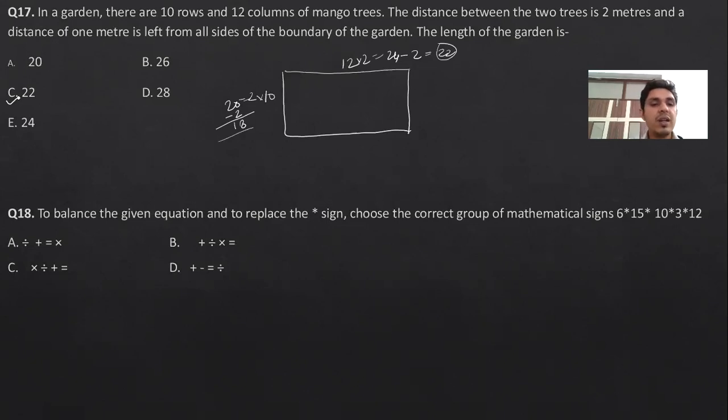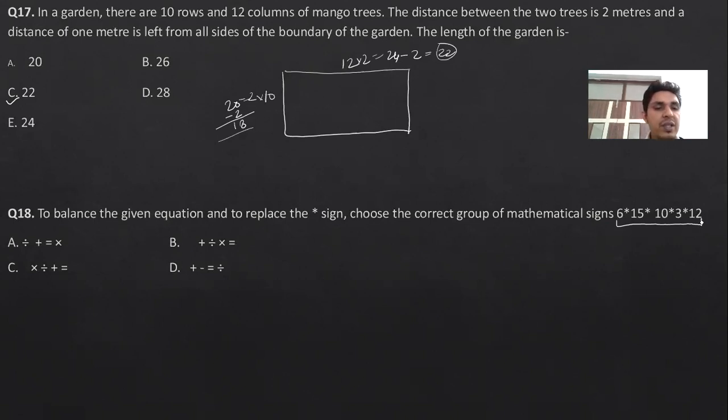The next question that we have is to balance the given equation and to replace the asterisk sign, choose the correct group of mathematical signs, right? Okay, so we are given this equation and we just have to put the available options, those that are given, and we have to check in which option the equation is being balanced, right?